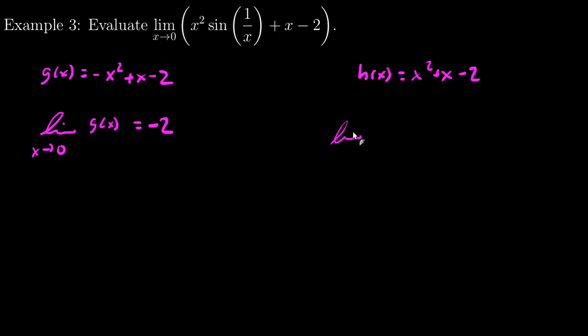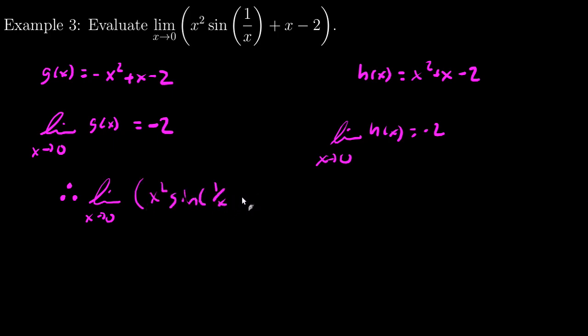The limit as x approaches 0 of h of x, well, that's approaching 0, that's approaching 0, is also negative 2, and therefore, the limit as x approaches 0 of x squared sine of 1 over x plus x minus 2 must also equal negative 2.